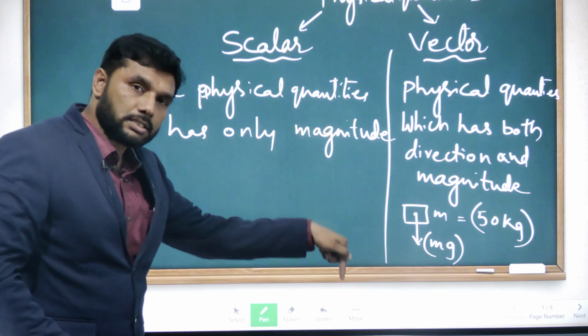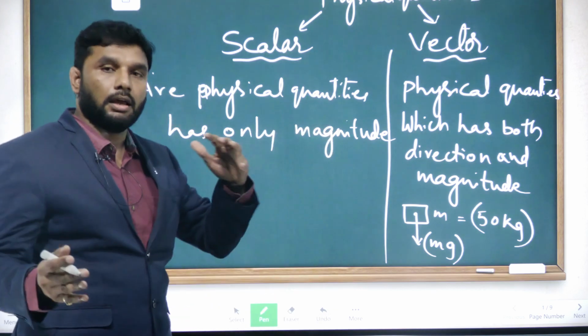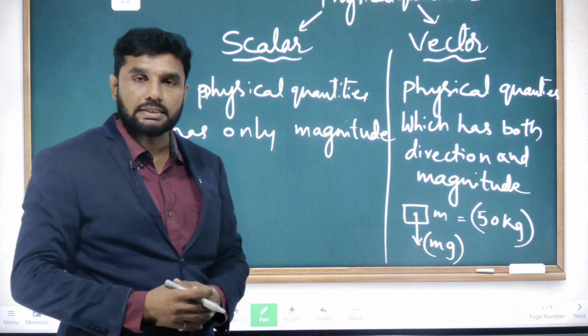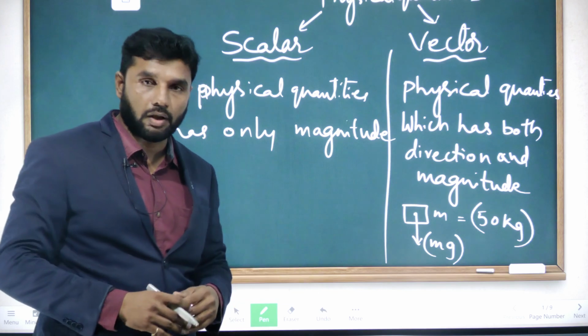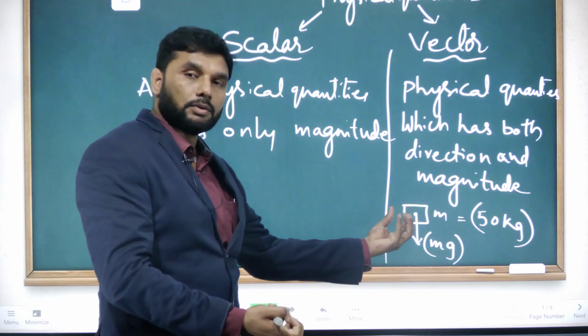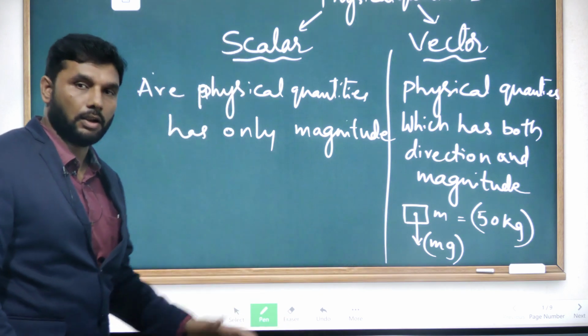So what is the direction? It always has a specific direction, whether the person is sitting or lying down on a bed. In all these cases he will be attracted towards the center of the earth as long as he is on any celestial object.